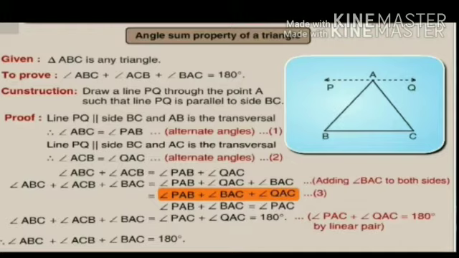Now substitute this value in equation 3, then we get angle ABC plus angle ACB plus angle BAC is equal to angle PAC plus angle QAC, which is equal to 180 degree by linear pair. Therefore, we can say that angle ABC plus angle ACB plus angle BAC is equal to 180 degree. So dear students, this is the proof that the sum of all the angles of a triangle is 180 degree. That is, we call it the angle sum property of a triangle.